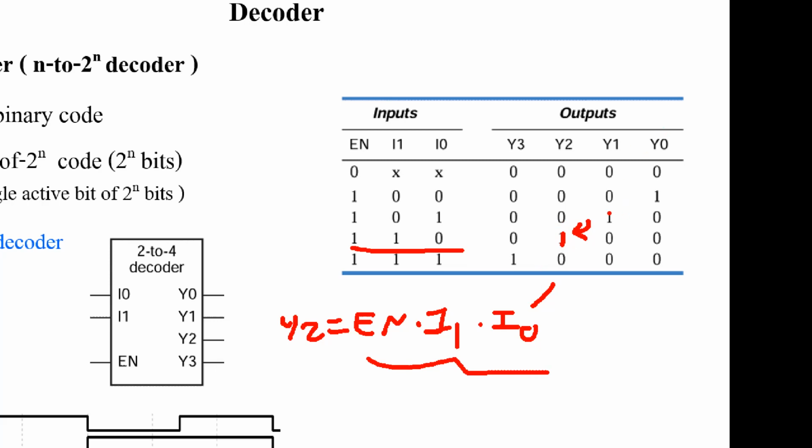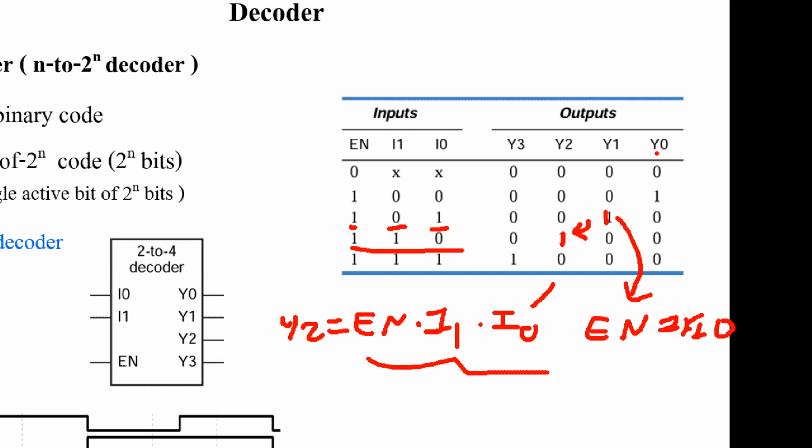And for Y1, similar. Y1 will be active when enable is 1, I1 is 0, I0 is 1. So the equation for Y1 is En and I1 prime and I0.